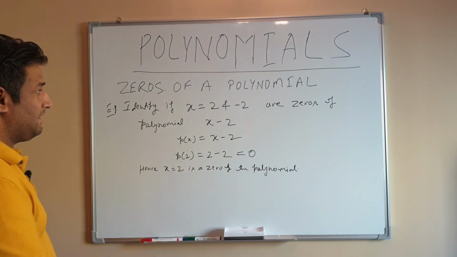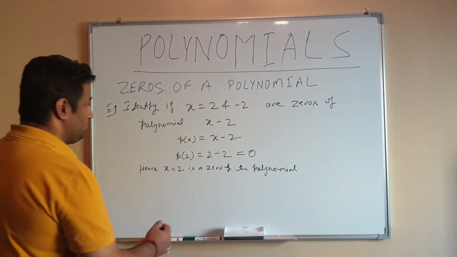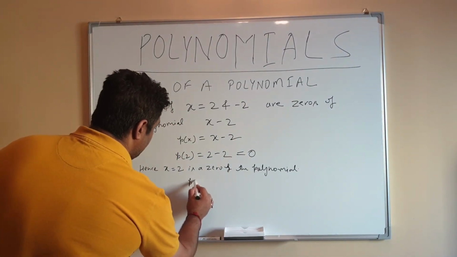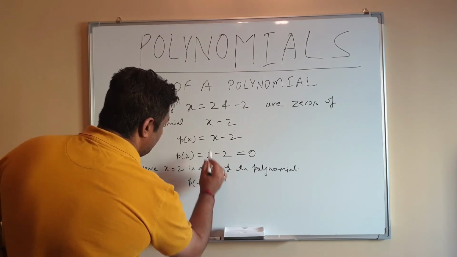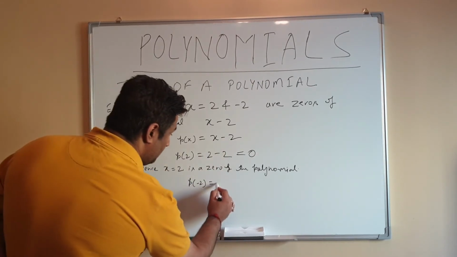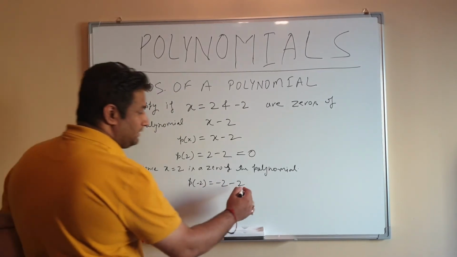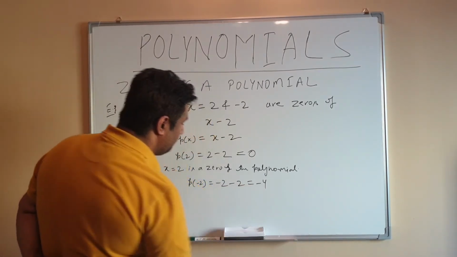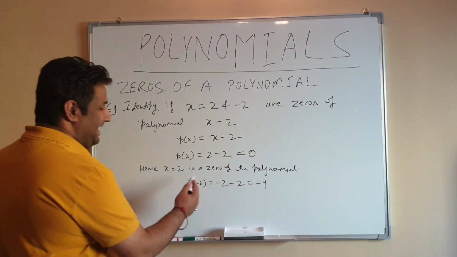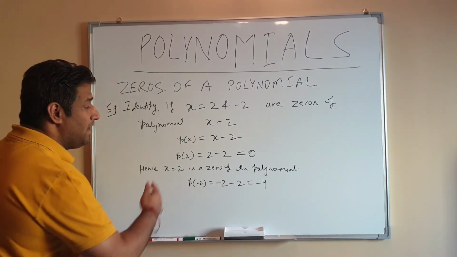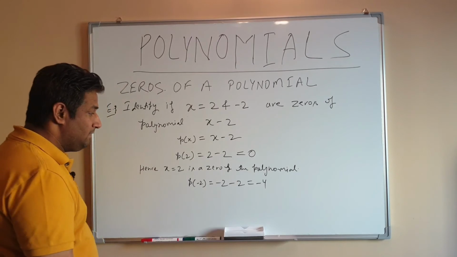Okay, now let's try for the other number, which is x is equal to minus 2. So p of negative 2 is going to be, in place of x I'll write negative 2 minus 2, right? So negative 2 and negative 2 will become negative 4. So that means x is equal to negative 2 is not a 0 of the polynomial.